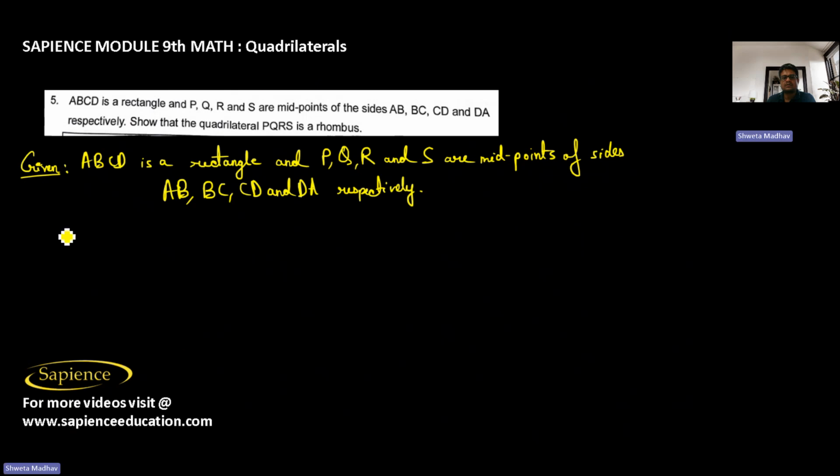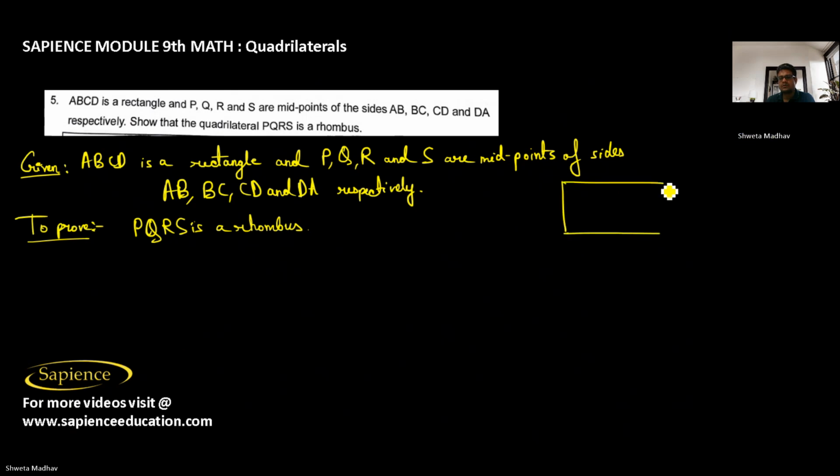Then we have to prove that PQRS is a rhombus. That means if it is given that ABCD is a rectangle and P, Q, R, and S are the midpoints of the sides, then we have to show that this PQRS should be a rhombus.